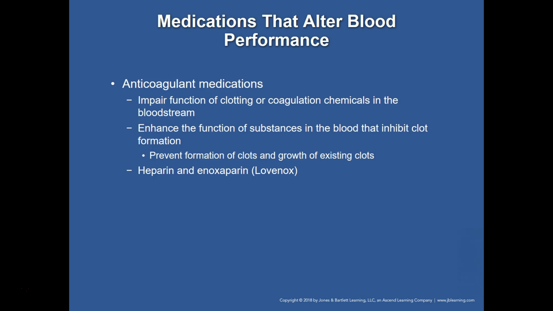Oftentimes when somebody's having an MI, they'll put them on heparin to keep them from forming more clots in that area, because what's happened is there's probably a narrowing inside one of their coronary arteries that's causing some turbulent flow, which is causing some aggregation of platelets in that particular area and starting to form clots. What they'll do is they'll give them some heparin or some Lovenox. Usually Lovenox is just a shot, and what that'll do is it'll help diminish or decrease the likelihood of clot formation, which is helpful.